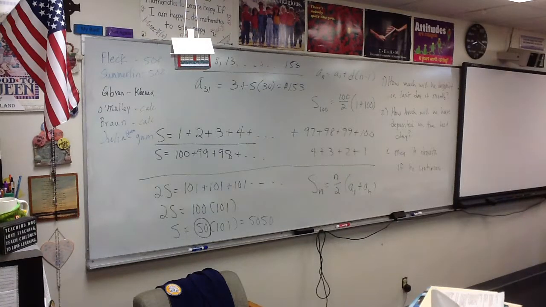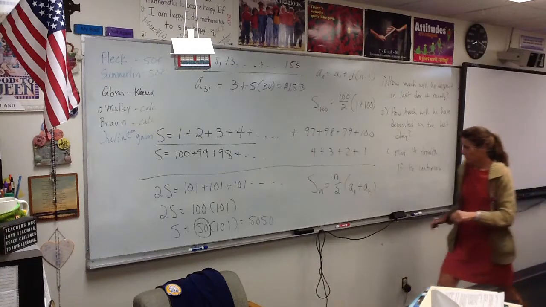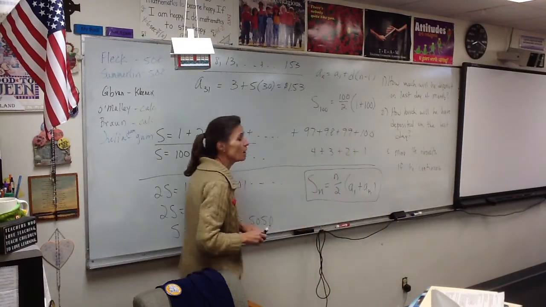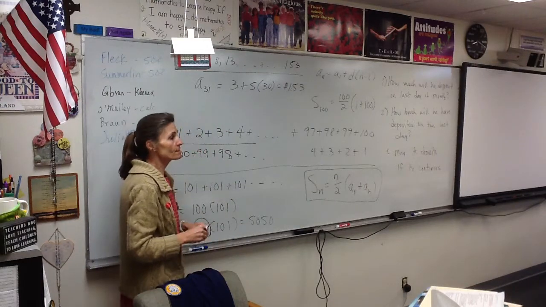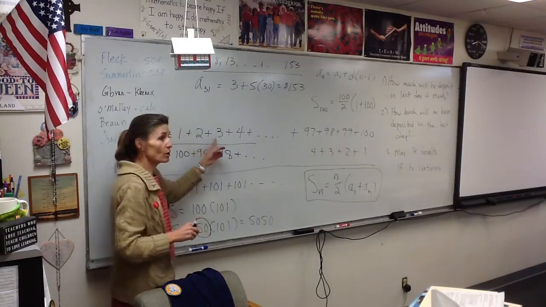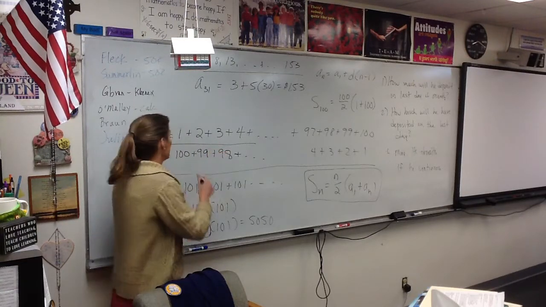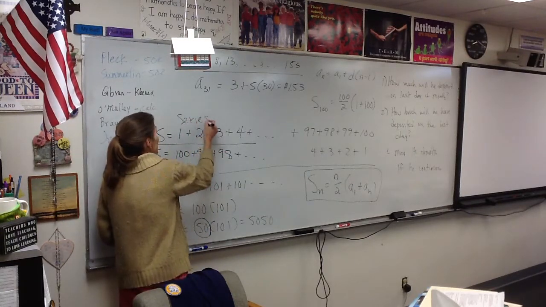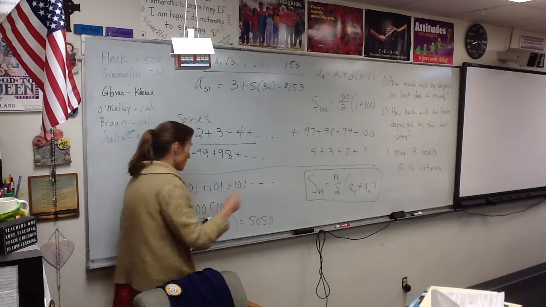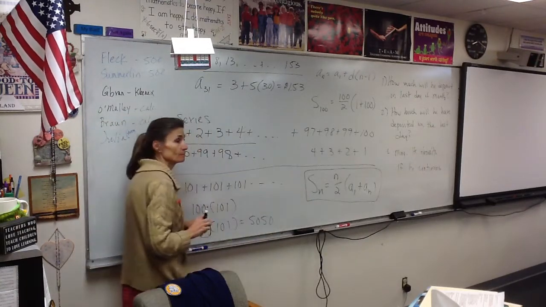Okay. So n over 2, first term plus last term. There's your formula. If you want to add up the terms of an arithmetic series, when we add them, we call it a series, not a sequence. This is your formula.